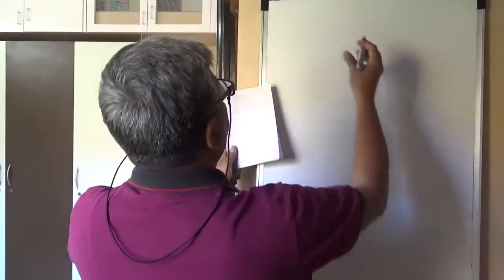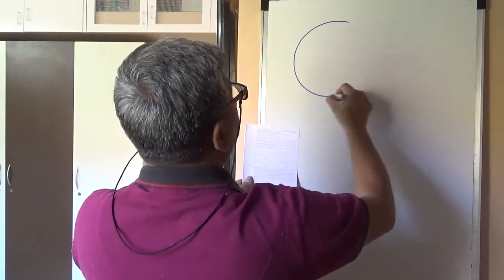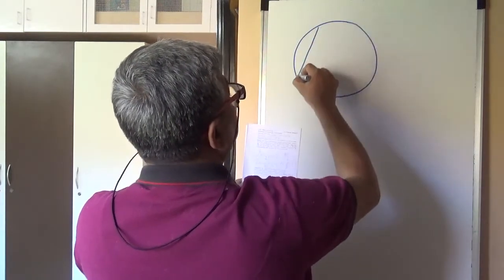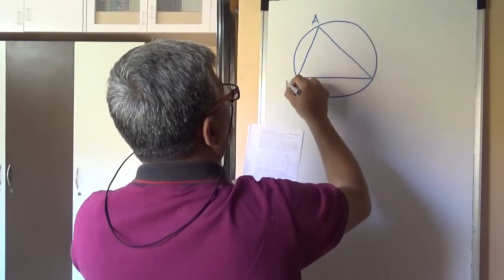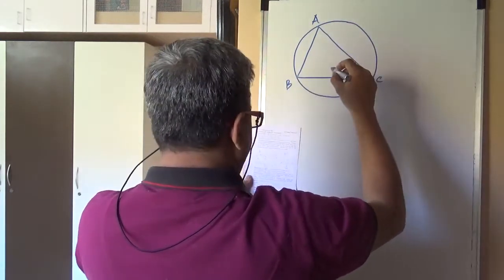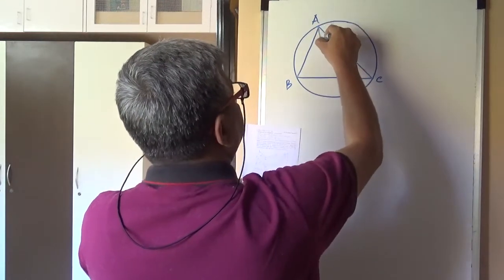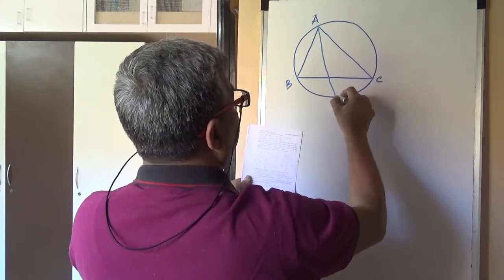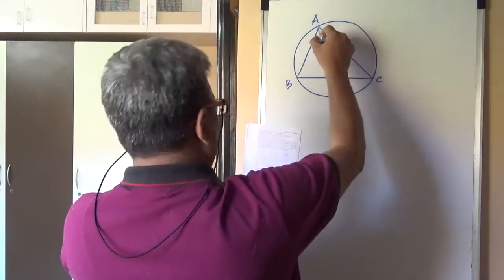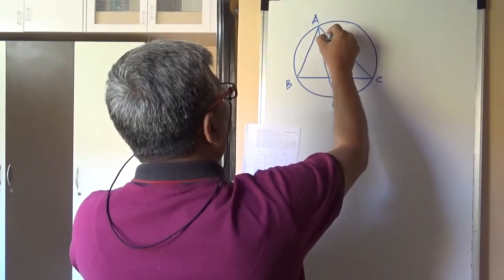Basically, if we have triangle ABC and we have the bisector, we have seen that the bisector intersects this arc at midpoint L. So this angle is equal to this angle.